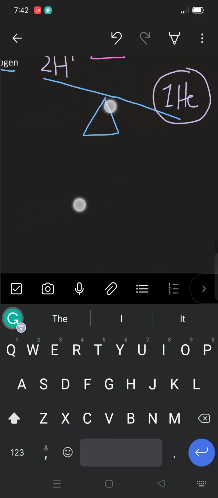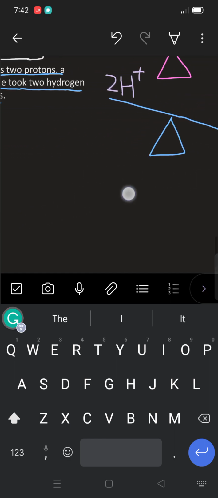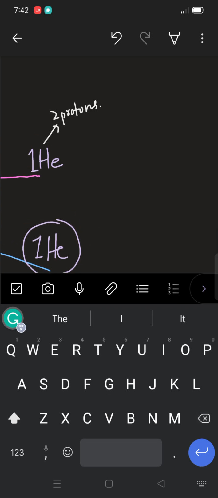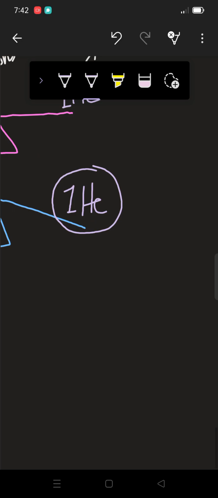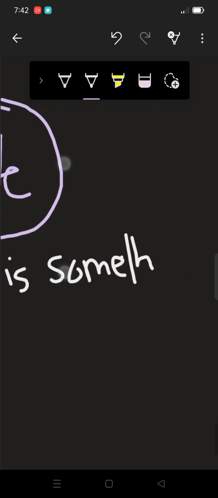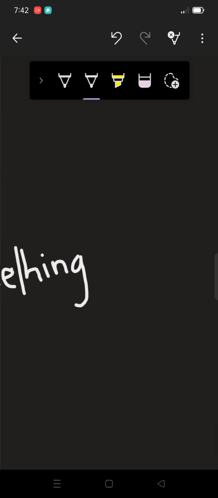So let me write this here now: there is something else in an atom as well.